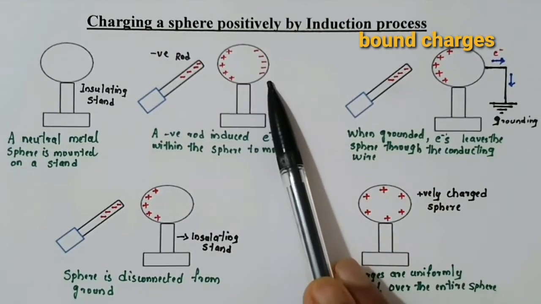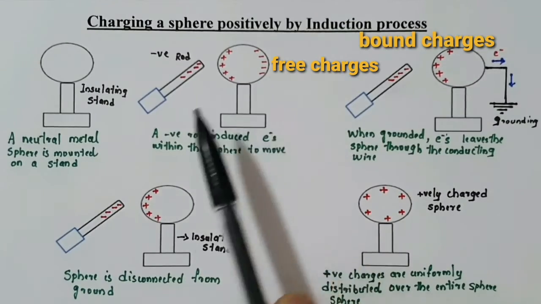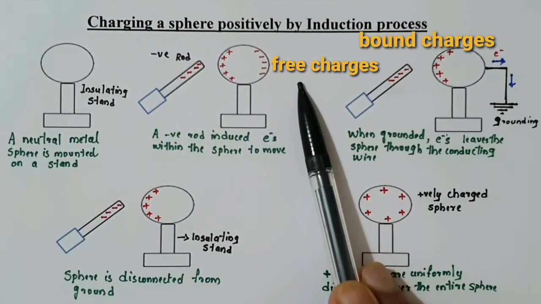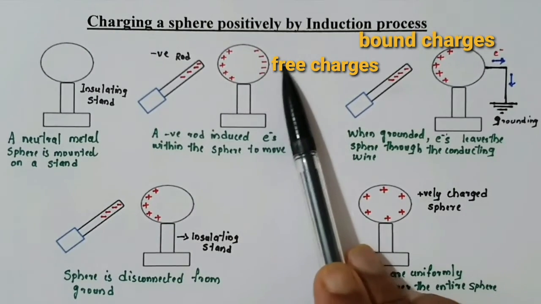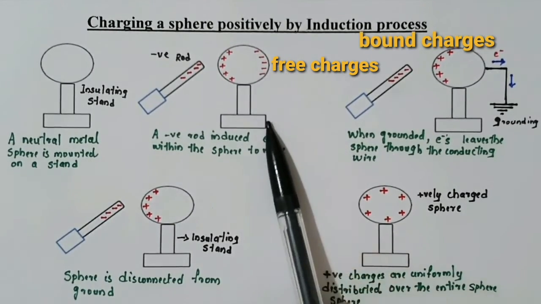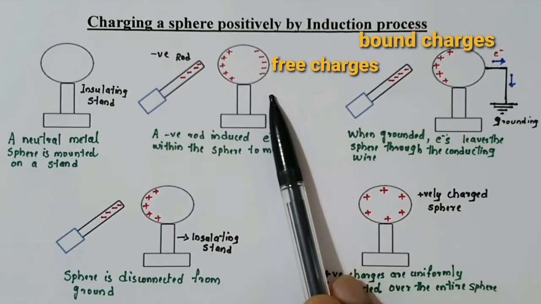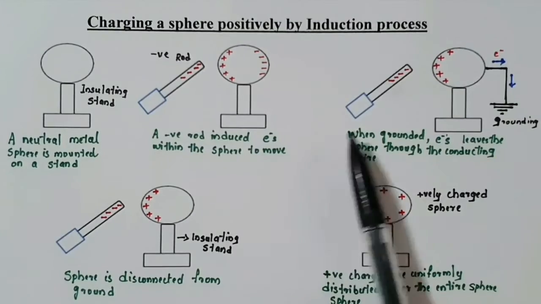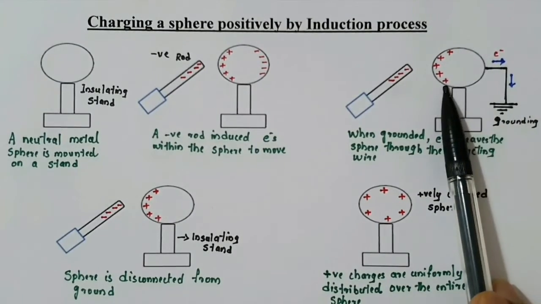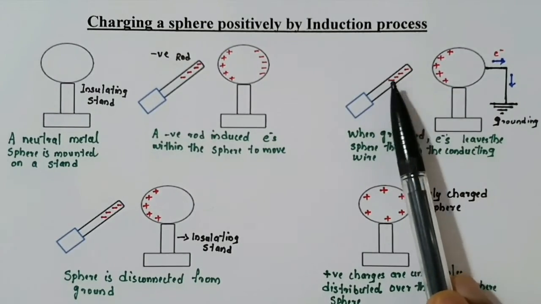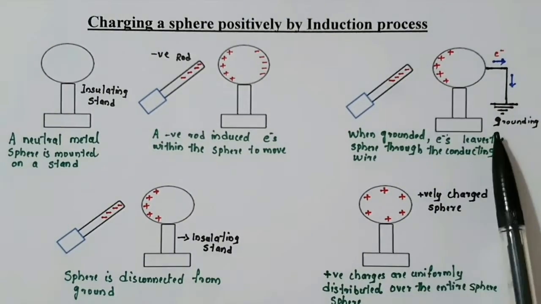And these negative charges are called free charges because they are not influenced by any other charges and they are free to move. If we are given a conducting path here, then these charges will flow. So these are the bound charges and free charges of a conductor. When you ground the sphere, the free charges move to the ground and the bound charges are attracted by the external charge and stay there.